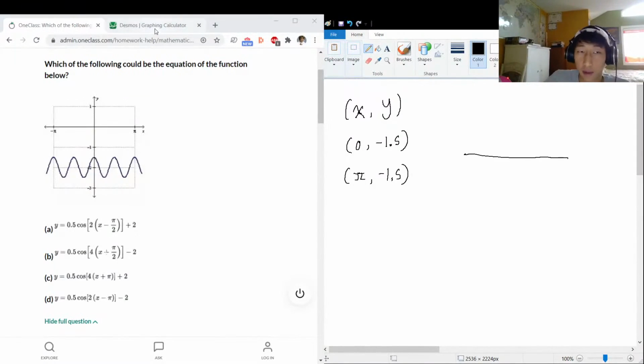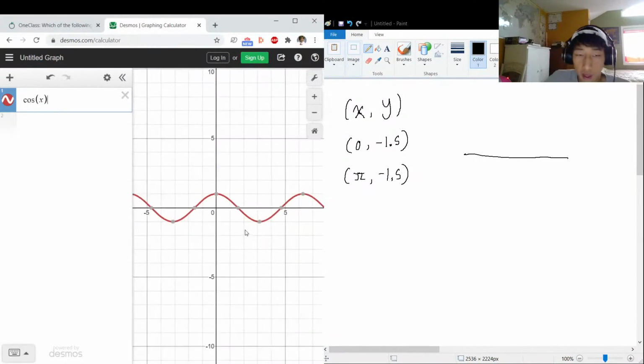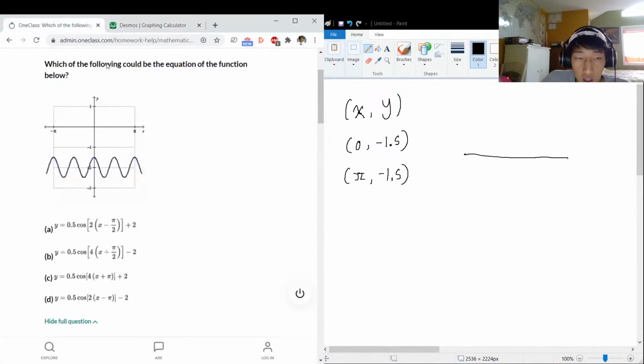Or actually, I can even pull up my Desmos graph. Let's do cos x. Typically, it looks like this. It will start at 1, so when x is equal to 0, y will be 1, and then it goes down and it waves around like that. This is not at 1.